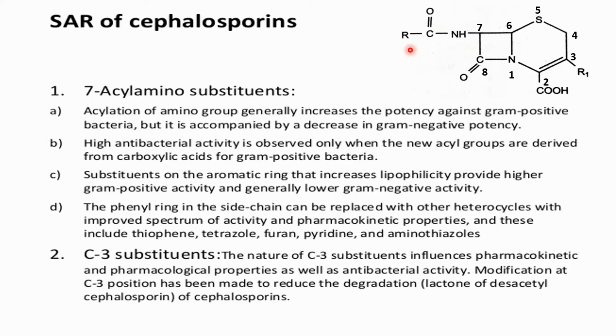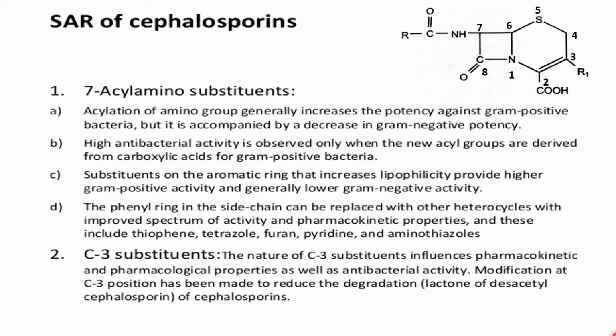First, for the 7 acyl amino side chain, the first point is that acylation of the amino group will increase the potency against gram positive bacteria, but it will decrease the activity against gram negative bacteria.